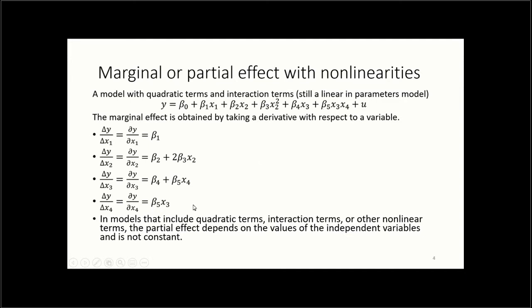So in models that include quadratic terms, interaction terms, or other nonlinear terms, the partial effect depends on the values of the independent variables, and it's no longer a constant. We will see these more complex cases later on. This is the formula for the partial effect with a quadratic term, and that's the formula with an interaction term.